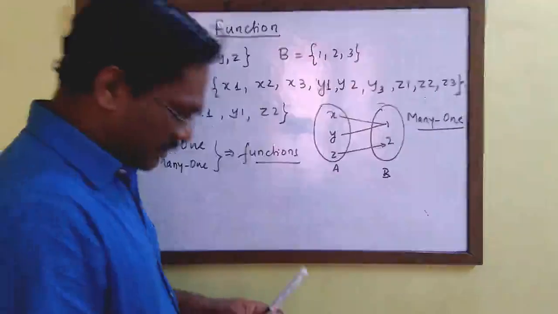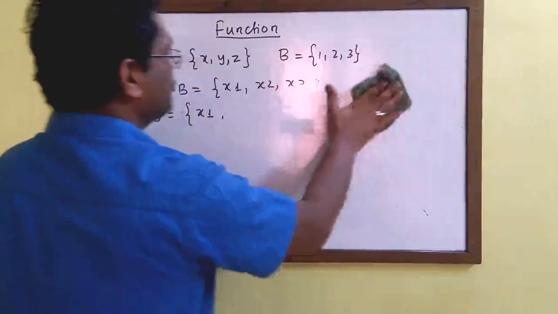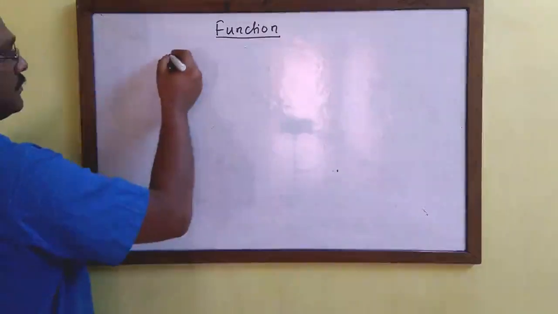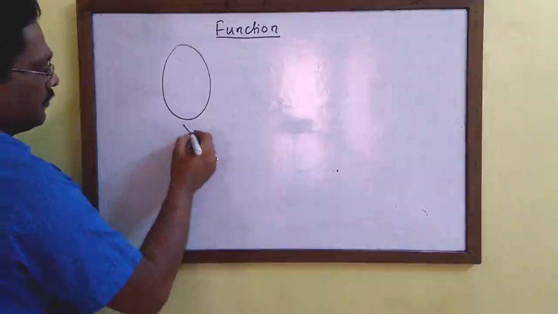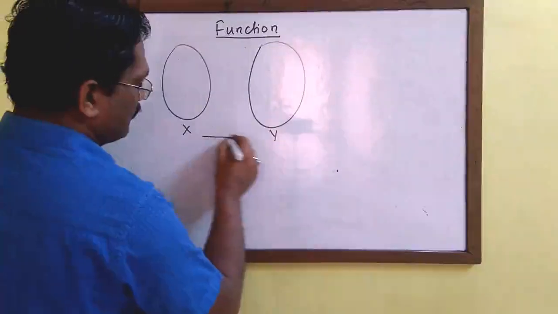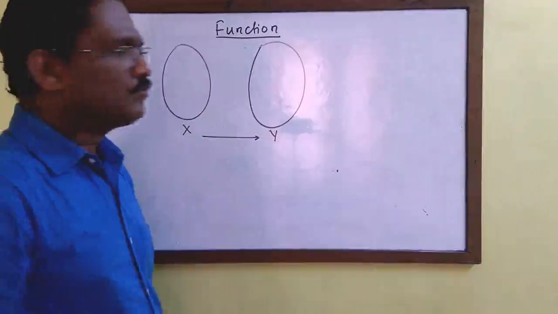Now let us understand it in detail. So if I say that x is a set and y is another set, both of them are non-empty sets of real numbers.